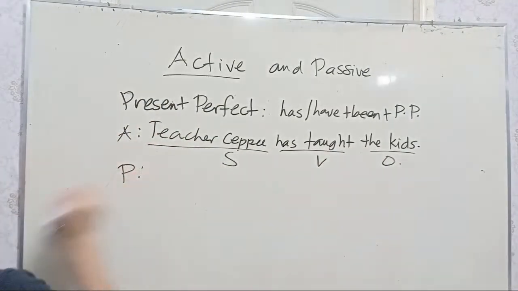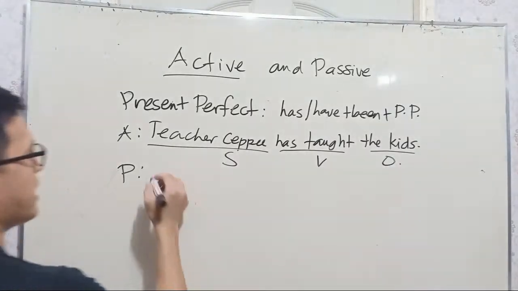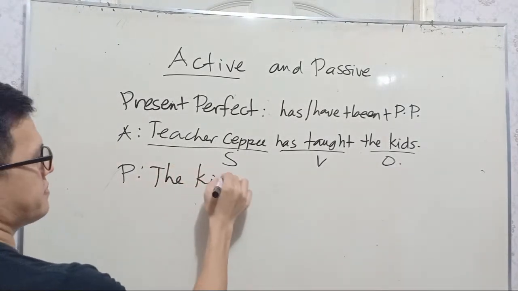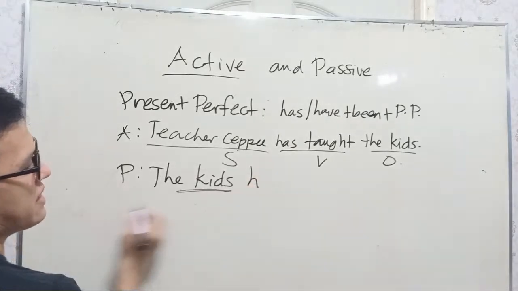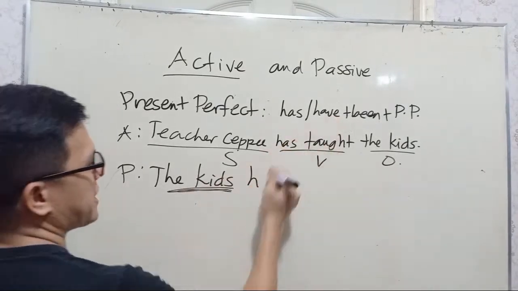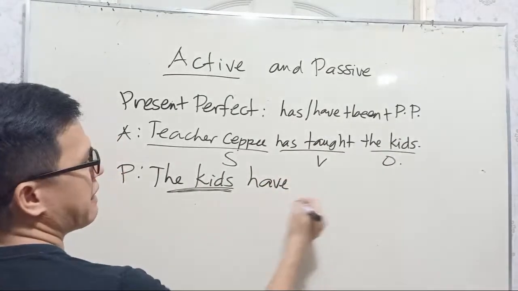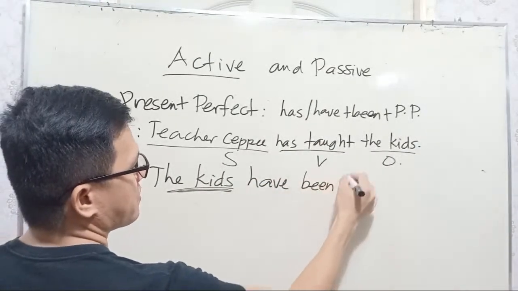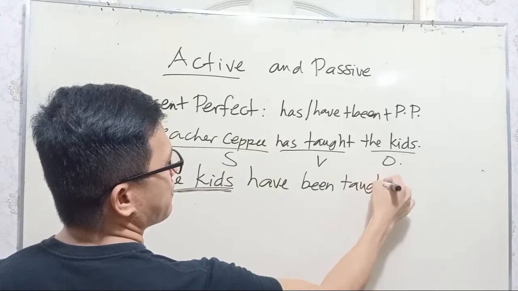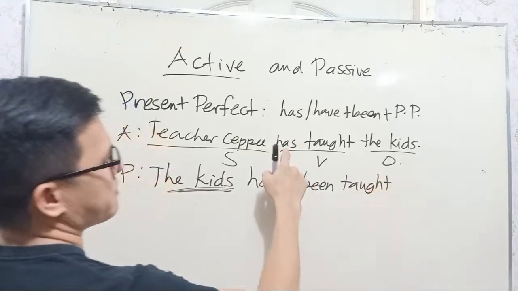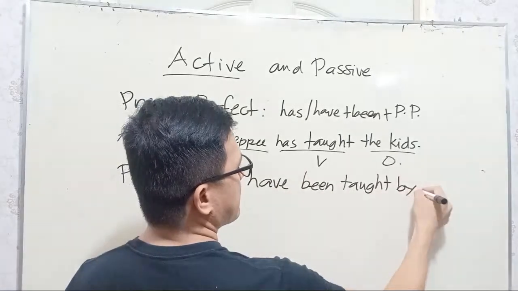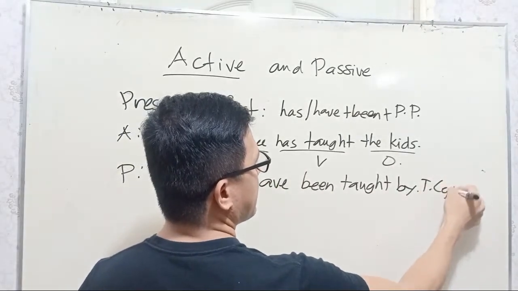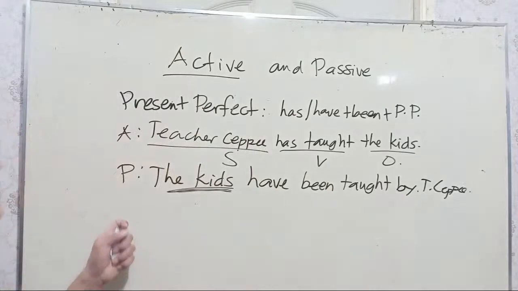Changing this one to passive, of course, the object comes first, so the kids. Kids is plural, so we have to use have. The kids have, and then been, and then the past participle of taught, which is the same, because has or have plus past participle. The kids have been taught by Teacher Seppi. There you go. That's how we do it.